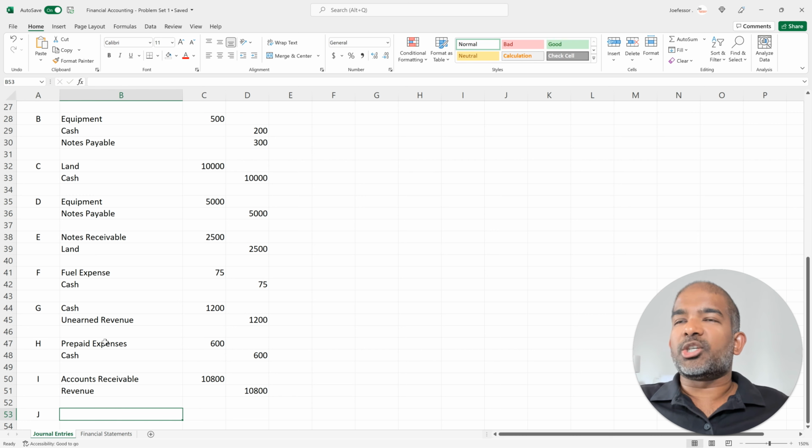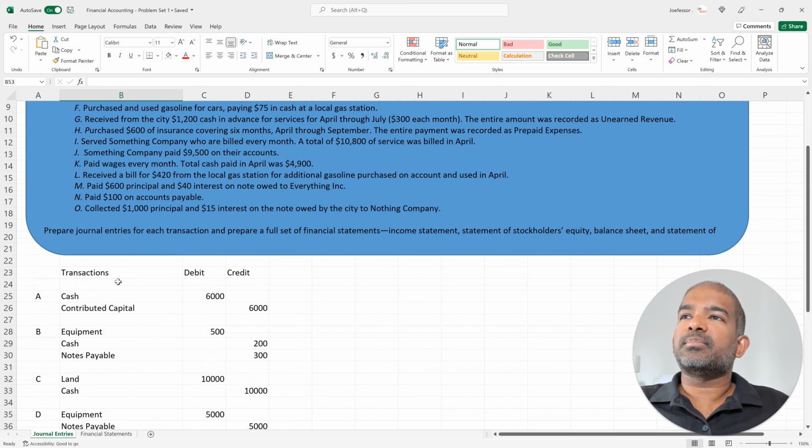Transaction J. This is related to the previous transaction. Our client, something company, they've paid us $9,500 on their accounts. They haven't paid the whole amount yet, but they are paying a part of it, for which we are going to record this journal entry now.